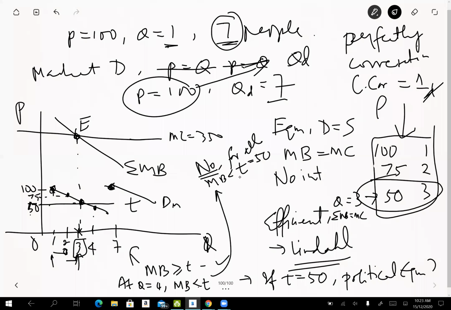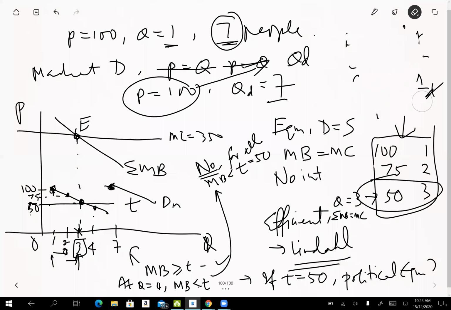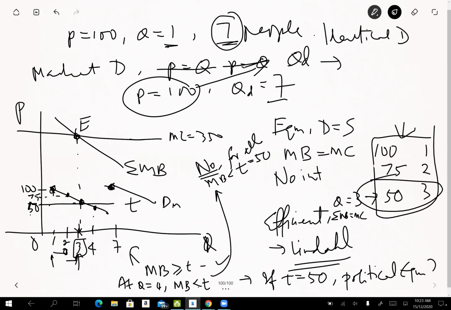At the equilibrium here, my part is already finished. If you look at the discussion, I think that is the main point for this question. If you have identical demand functions for everyone, then the political equilibrium will be equal to the Lindahl equilibrium.